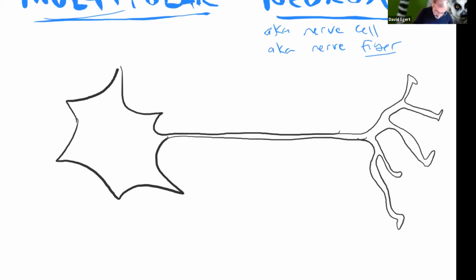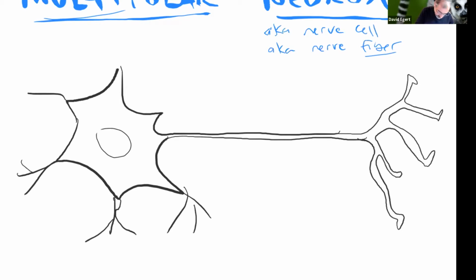All right, so cartoon-like. Let's put this thing into context. So there is my multipolar neuron. Maybe I should color it in a little bit so you can know the inside and the outside.